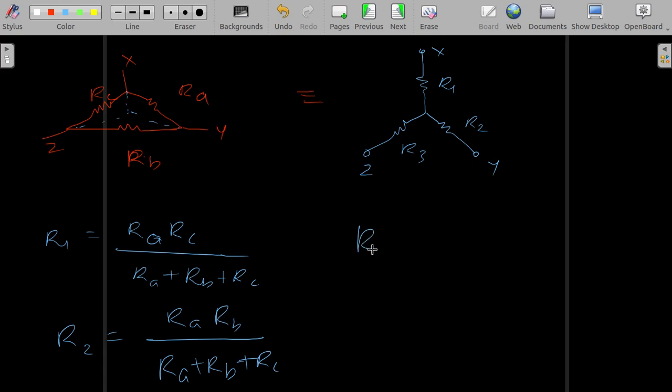Similarly, R3 is equal to RB into RC divided by the sum, RB RC divided by RA plus RB plus RC. Simple.